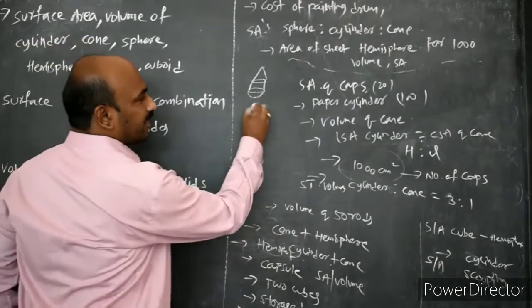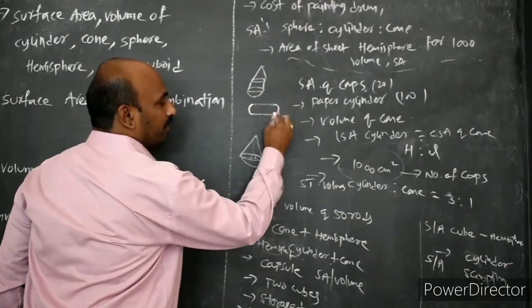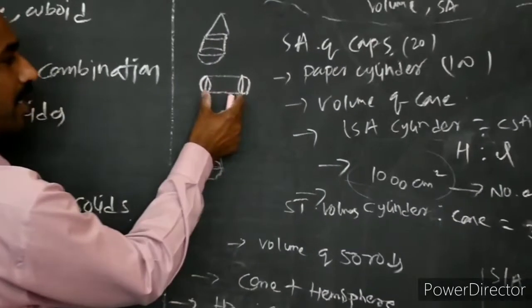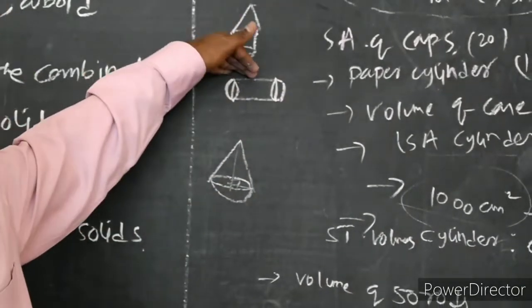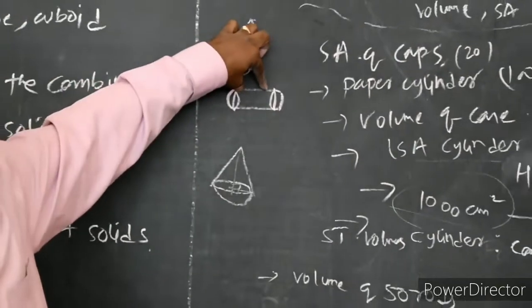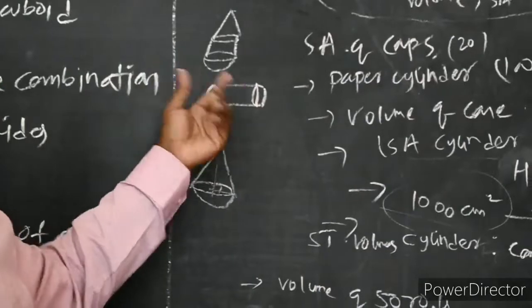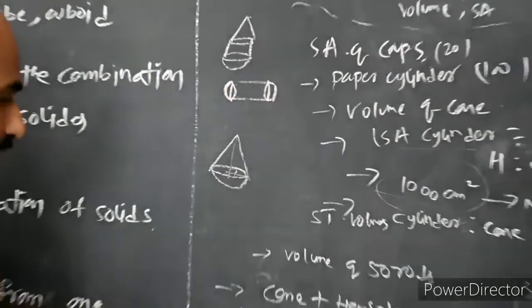Capsule means, if you split the capsule, you will get a hemisphere at one end and one more hemisphere at the other end, with a cylinder in between. We can get the height and radius of the cylinder, with a common radius for hemisphere and cylinder. Like that we can get the volume or surface area of the capsule.